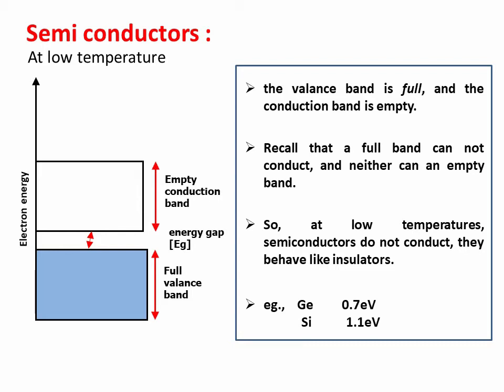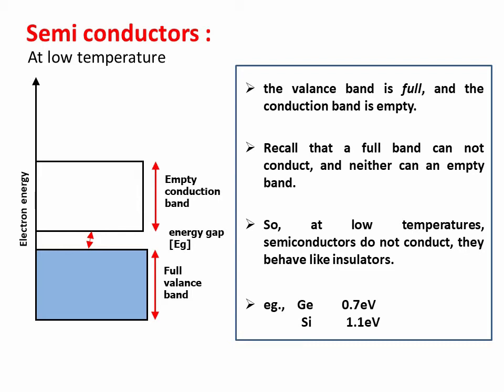Now, the valence band is full and the conduction band is totally empty. Recall that a full band cannot conduct and neither can an empty band. So, at low temperature, semiconductors do not conduct; they behave like insulators.